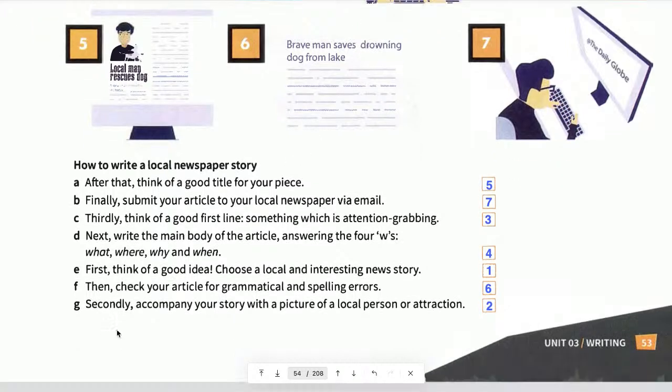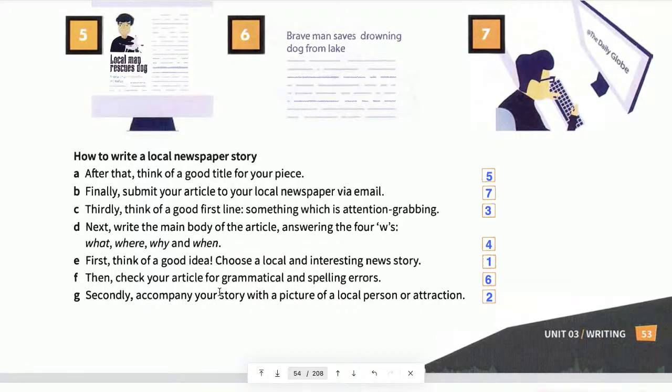Then 6F. Then check your article for grammatical and spelling errors. After writing, you have to check for that. And 7. Finally, 7B. Finally, submit your article to your local newspaper via email.